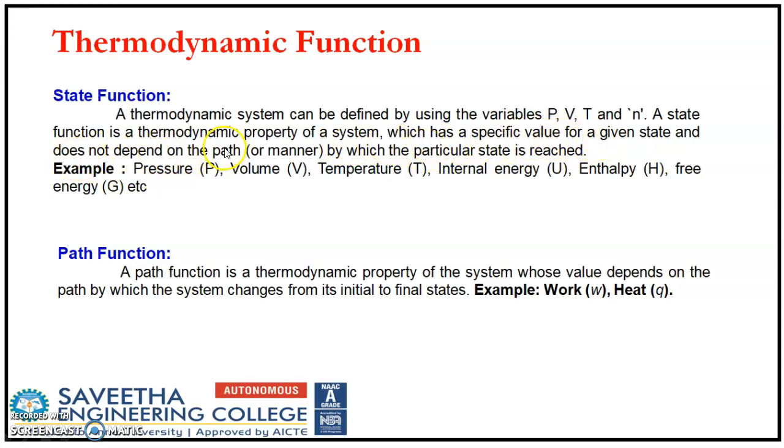It does not depend on the path between the initial and final state. It mainly depends on these variables: pressure, temperature, volume, and number of moles. Examples again: pressure, volume, temperature, internal energy, enthalpy, free energy.